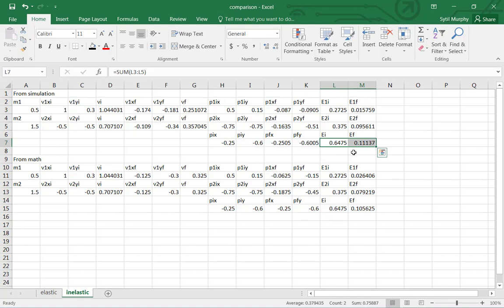So there you go. If we look at what we did in the math, we found V1 X final of negative 0.125 and y final of negative 0.3, and I've plugged those in the same in both places. And my initial and final momentums in x and y match perfectly. And again, energy is not conserved.